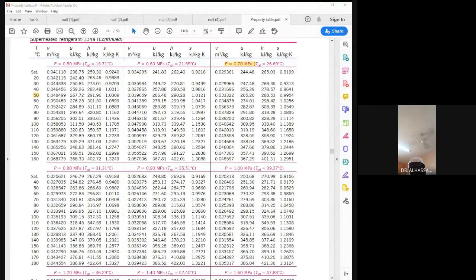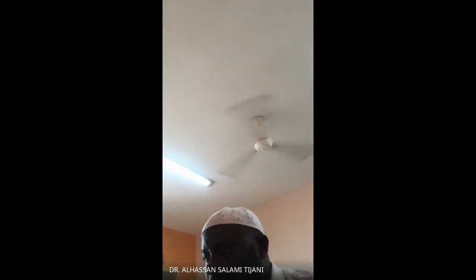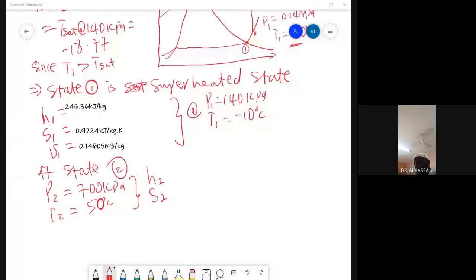From this property table, the enthalpy and the entropy are given.